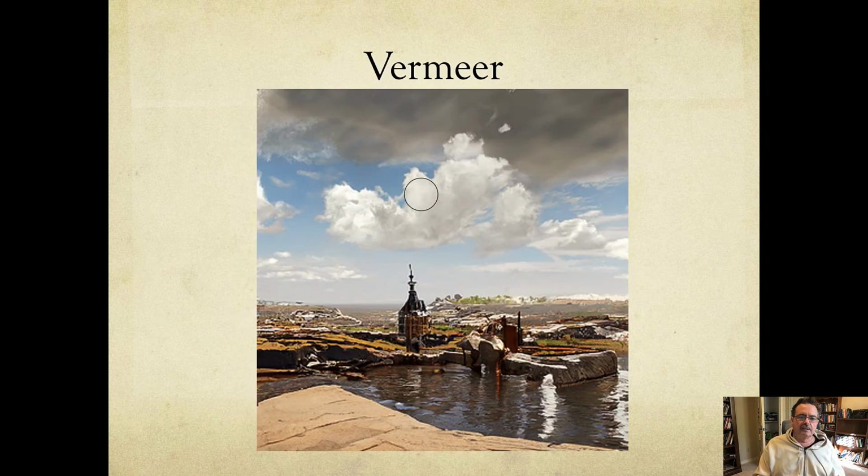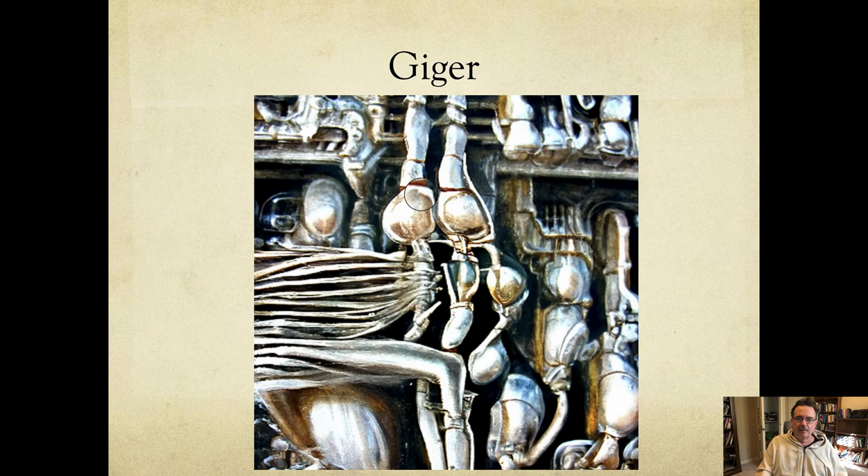And this is in the style of Johannes Vermeer, famous for the Girl with a Pearl Earring. But he produced a lot of really interesting artwork. And so this is a painting that he might have painted if he had a digital computer and AI art at his disposal.